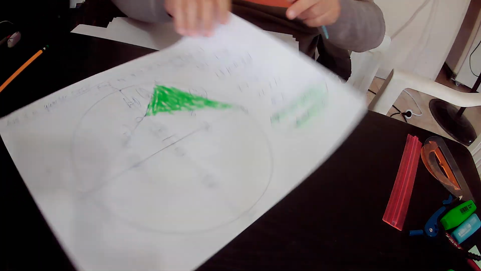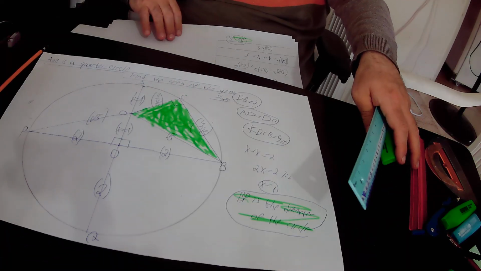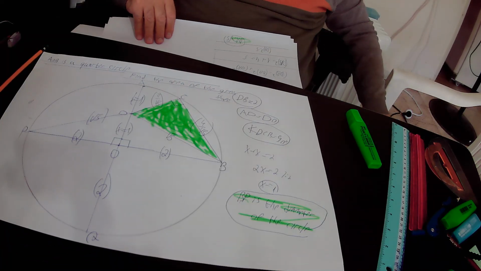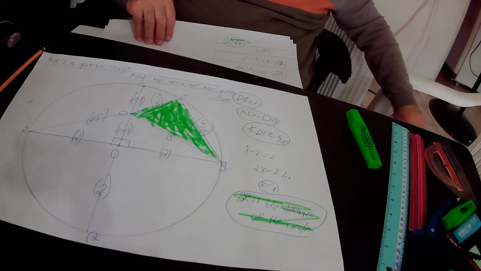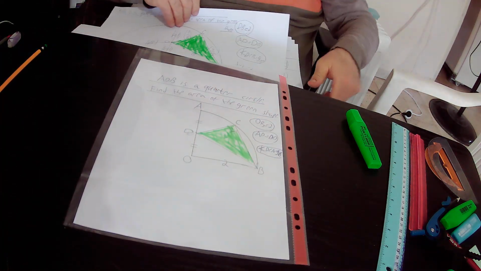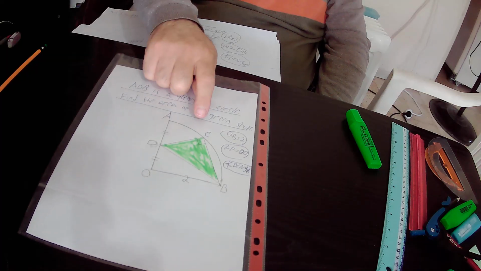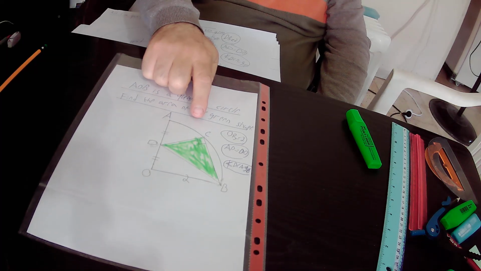In this lecture, we found out the area of this green shape. So actually, in the drawing, we have a quarter circle. Inside this quarter circle, we have the green shape.